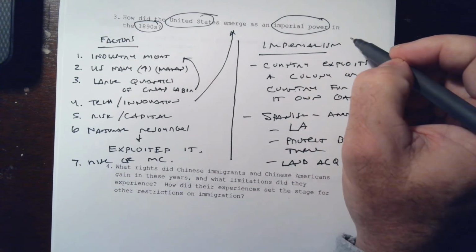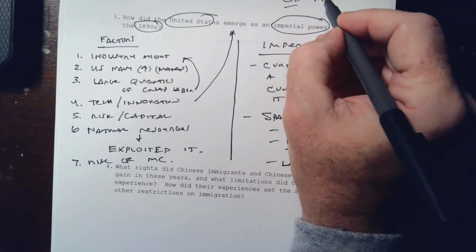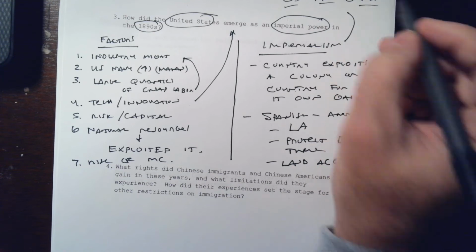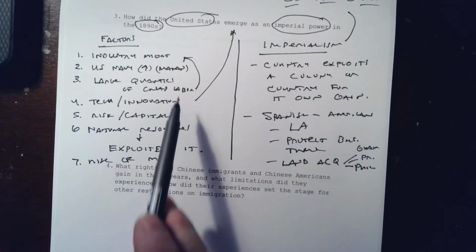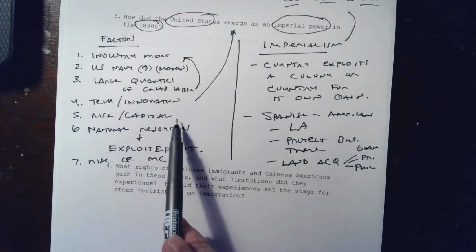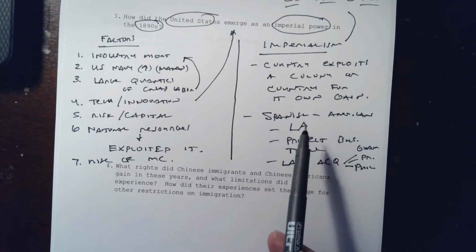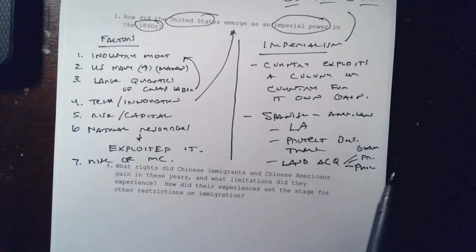Now, remember, with this imperialism, Great Britain is imperialistic, France is imperialistic, Germany is imperialistic. All right. All these nations are all imperialistic. Now what we're going to do is we're going to exploit this, and then we're going to become an imperialistic power because now we have all this stuff that we can now exploit or export.